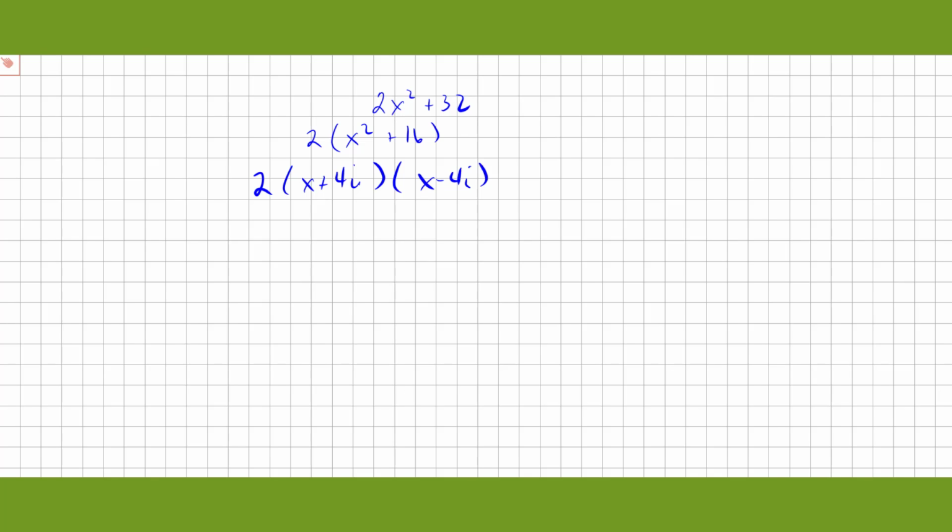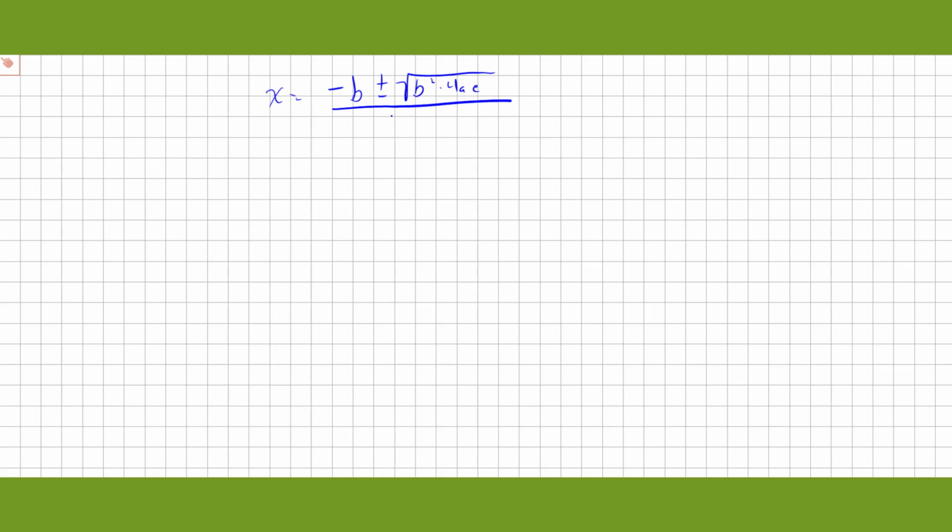So we can also use the quadratic formula to look for the imaginary solutions of some of these. So let's do that. The quadratic formula is negative b plus or minus the square root of b squared minus 4ac, over 2a.